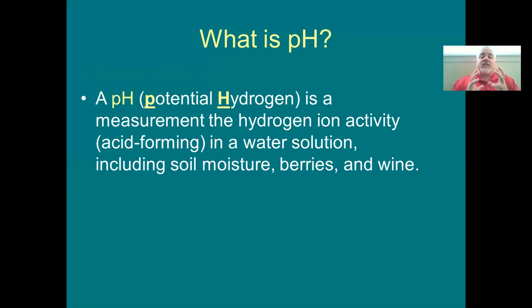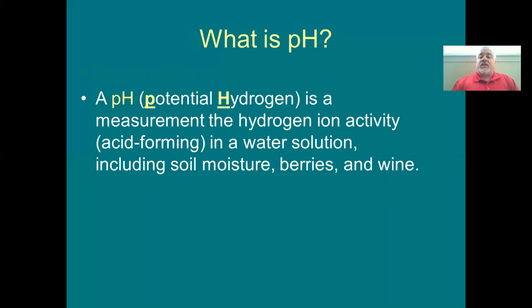But because it's a little more complicated than that, we don't just call it the hydrogen ion concentration, we call it the effective hydrogen ion concentration, or the potential hydrogen, pH.